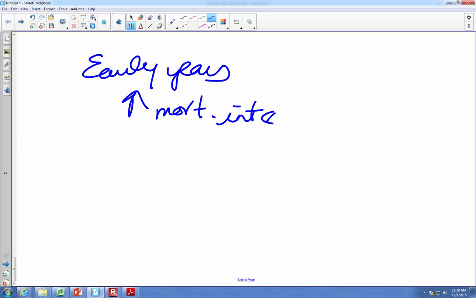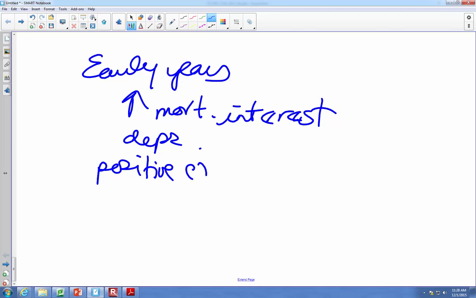Unless you're somebody who pays cash for your properties, but for most of us, you're financing it. And you've got your depreciation. So you've got positive cash flow, but a tax write-off.